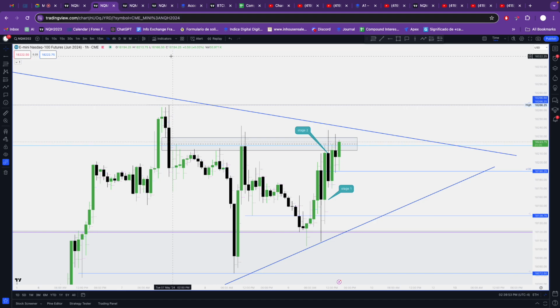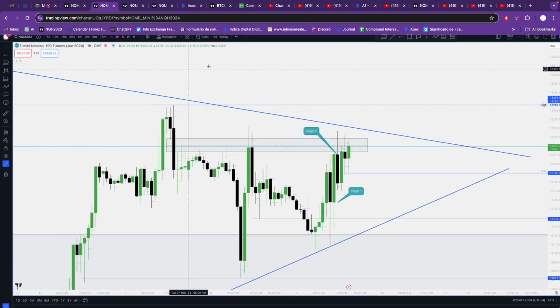So you're saying from your experience, when we wick multiple times in a fair value gap, it's likely that we won't trade through it and that we would reverse. Okay. So that would be our unknown.